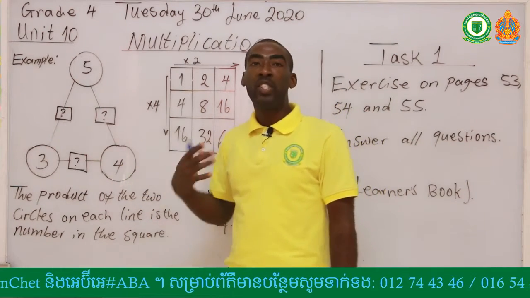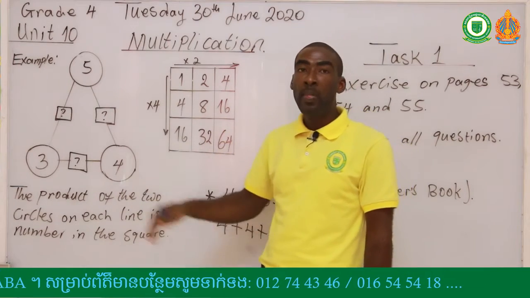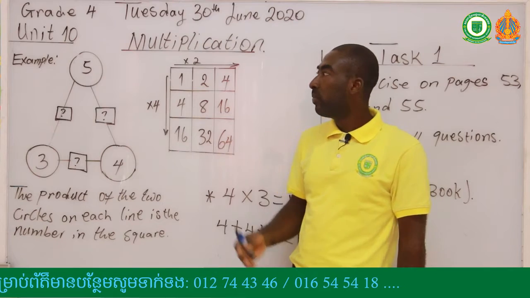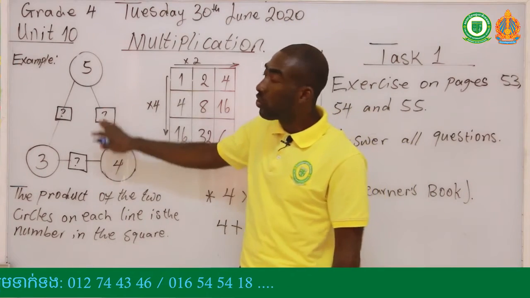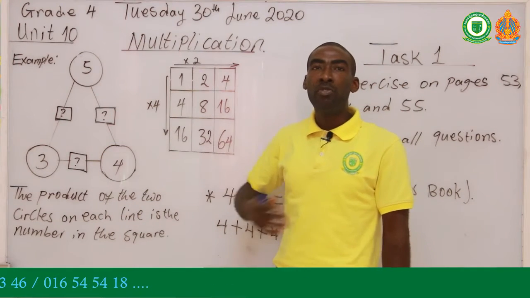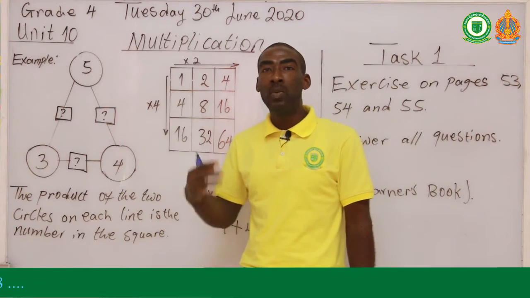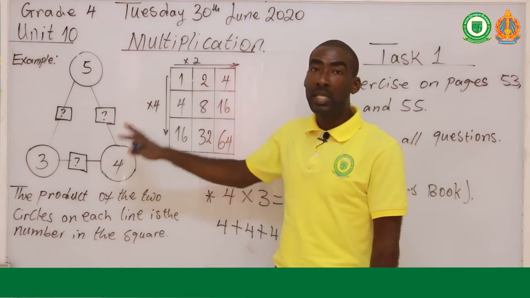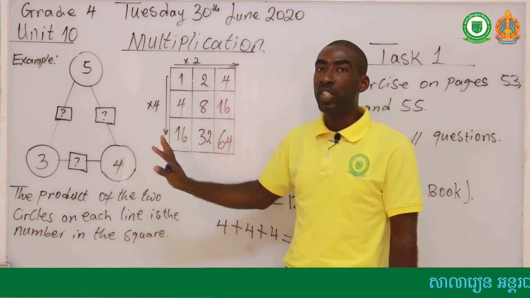Anytime that you have a chart or a diagram that you are dealing with, my advice is that you don't assume. Please find the instruction that relates to your diagram, and then read the instruction. The instruction is going to tell you exactly what you are supposed to do with that particular diagram, table, or chart.